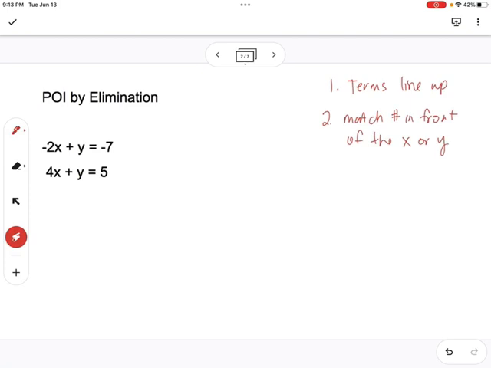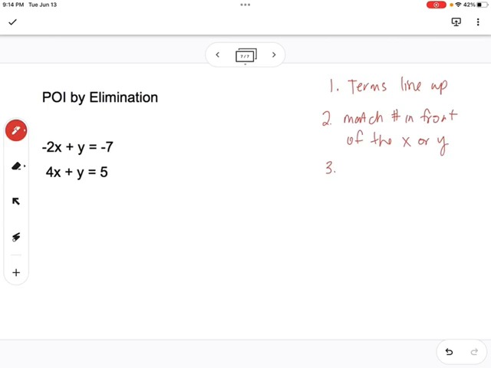So here we do have matching y's. If we didn't, we would need to find numbers that we can multiply our whole equation by in order for it to match up. So since they match up, we need to determine whether we're going to add or subtract to eliminate the y value.